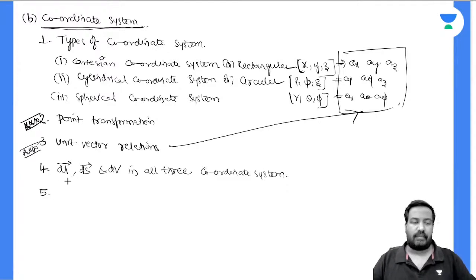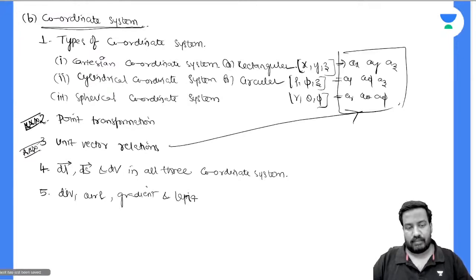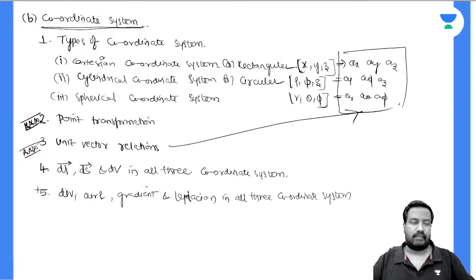Then we define divergence, curl, gradient and Laplacian in all three coordinate systems. Yet again, very, very important. All basics are very important here.